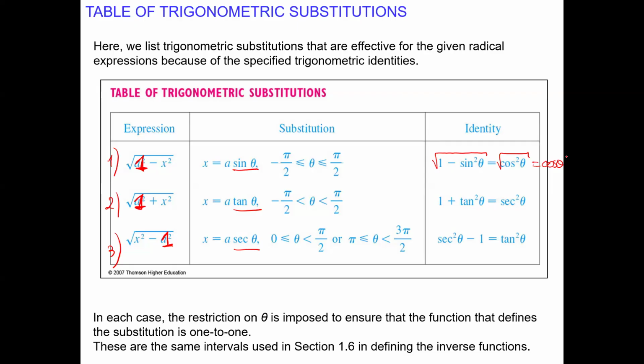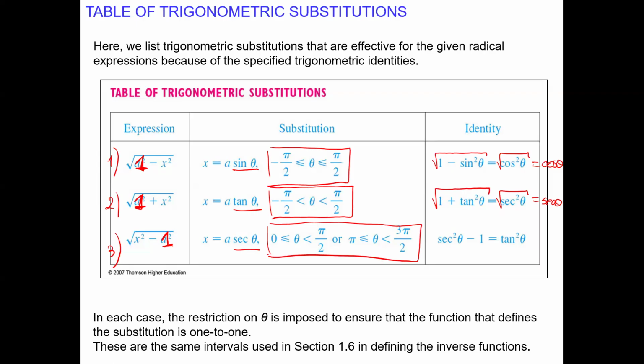Now, when we see the quantity 1 plus x squared, we may think about 1 plus tangent squared. We may think about this identity, because 1 plus tangent squared theta is secant squared theta. And when we have a square root in our integral, we may simplify to this. Of course, the domain is letting us simplify it with any negative or positive, like any absolute value.